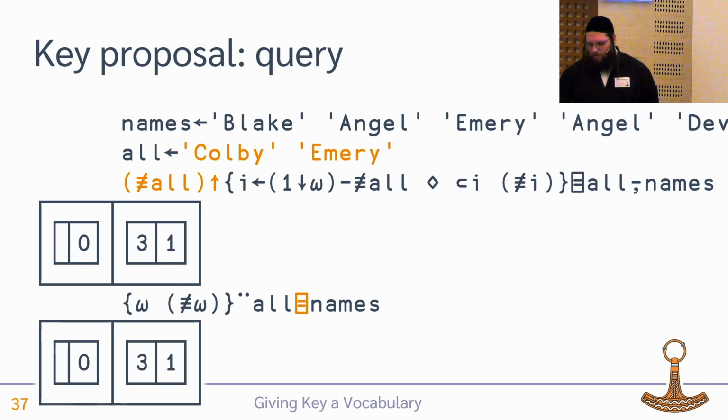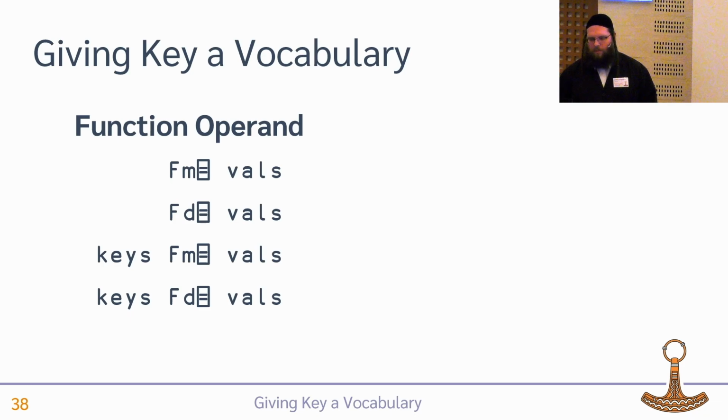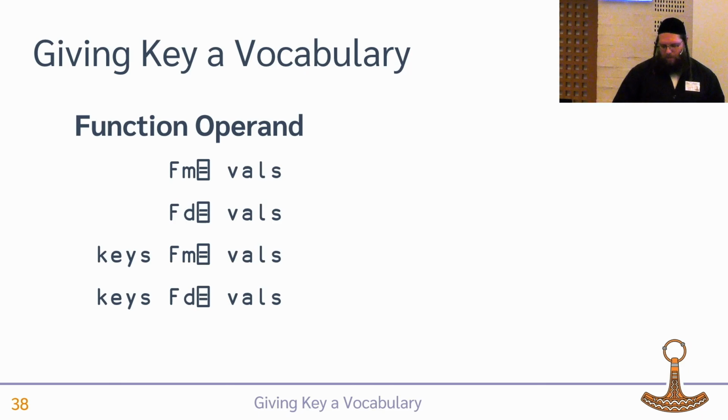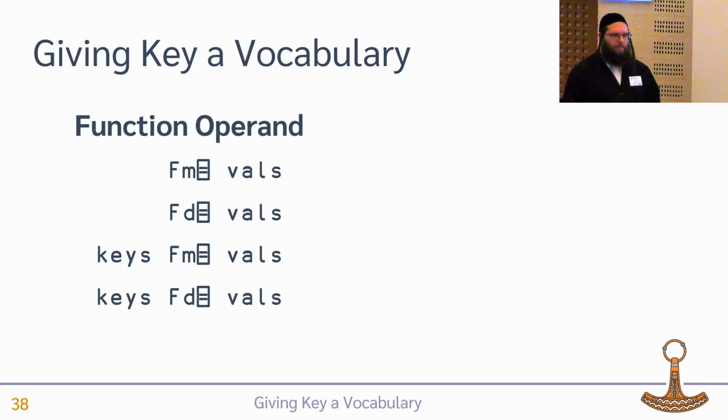So this is really what I'm proposing. There's not much to it. Currently, key takes an operand, a function, which could be monadic or dyadic. It kind of has to be dyadic, but it might ignore the left argument, which is often the case. And we can call it either with just some values, and it will process the indices, or we can call it with keys and some values, and it will group the values by the keys.